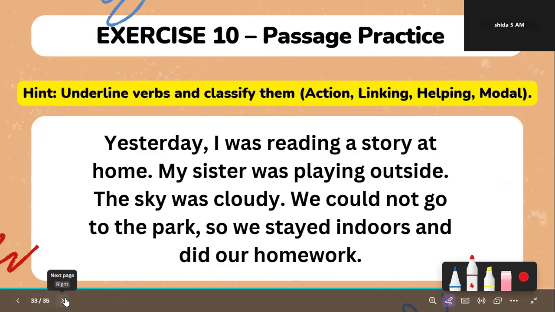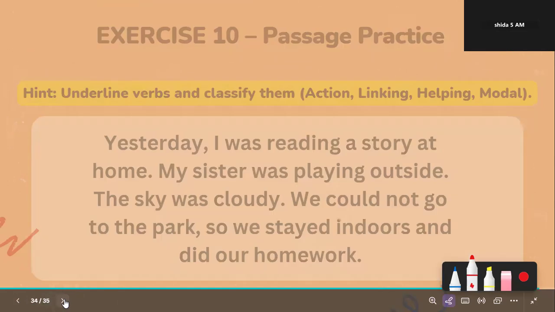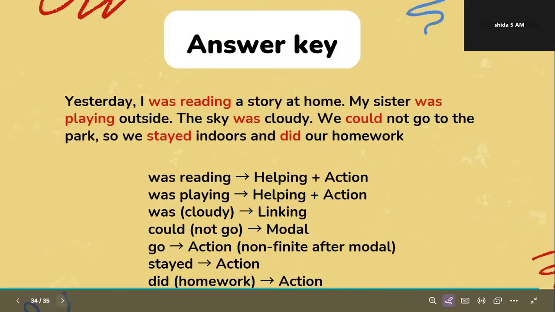Okay, yesterday I was reading a story at home. Was reading is an example of helping plus action verb. My sister was playing outside. Was playing is also a helping verb plus an action verb, playing. Was cloudy is a linking verb.